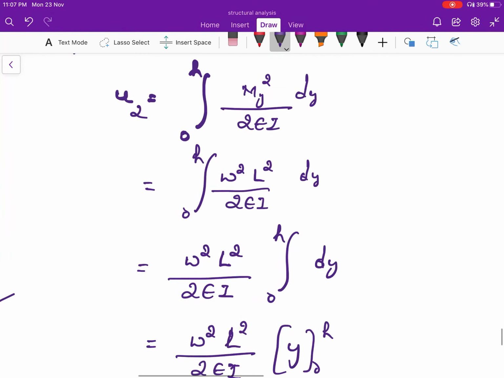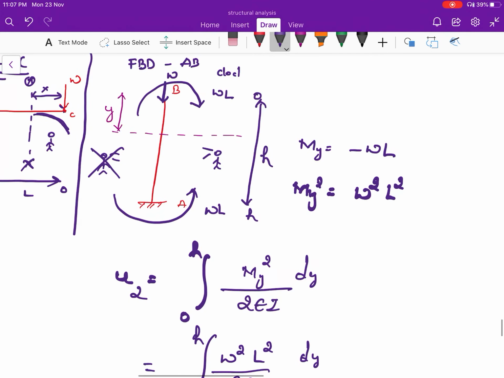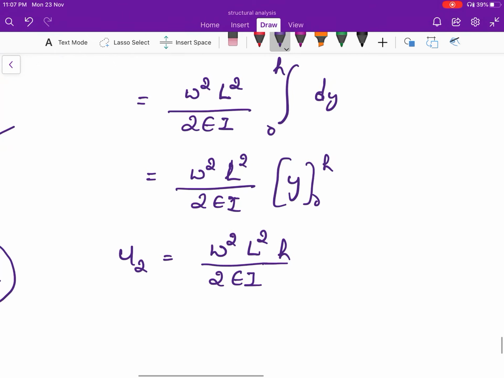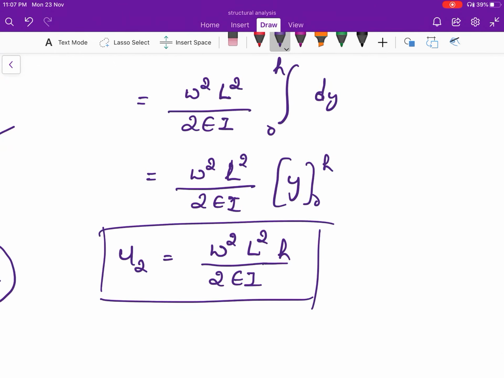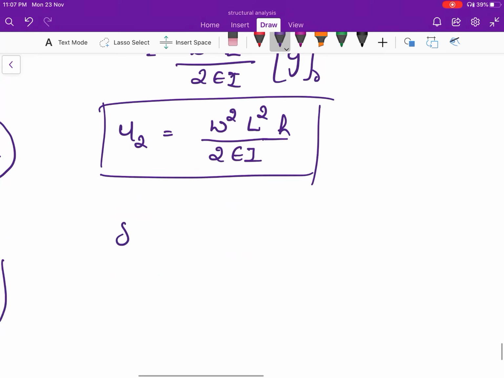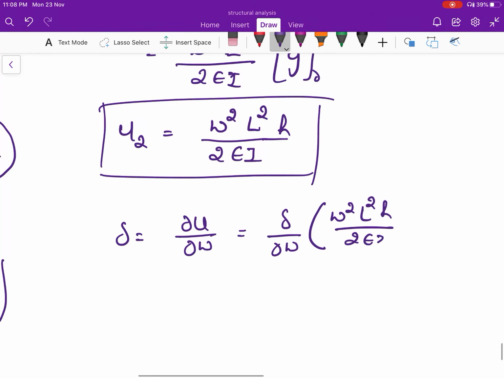With respect to the free body diagram AB, I am going to take it as U2. So later I need to find the value of deflection. The value of deflection is equal to dou U divided by dou W. What is the value of U? It is equal to w square L square h divided by 2EI.